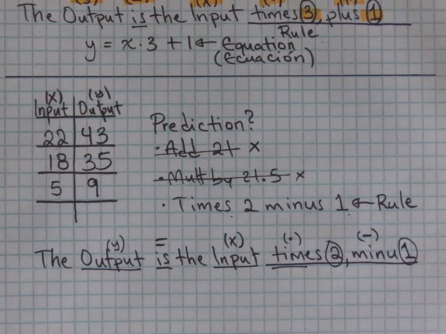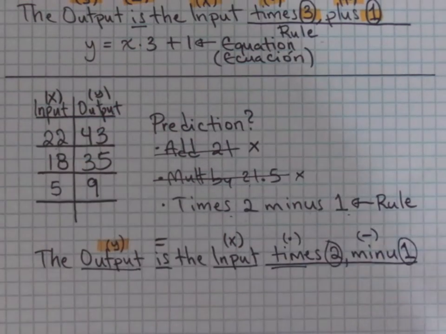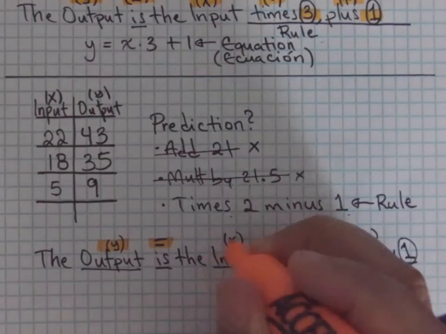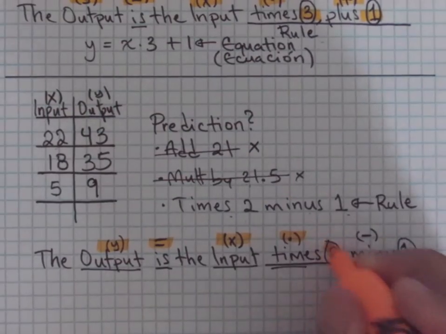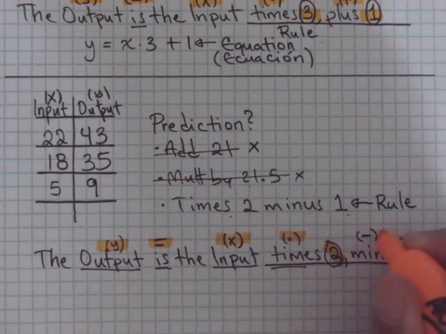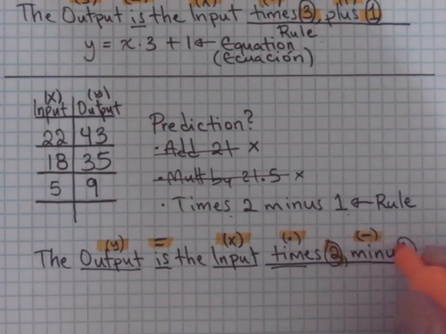Ya tengo todos los elementos que necesito. Cada palabra, un símbolo. Okay? So, I start my sentence, output is the input times 2 minus 1.